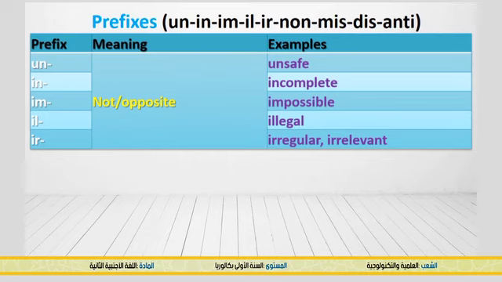Examples, we say unsafe, incomplete, impossible, illegal, irregular, irrelevant. I repeat, unsafe, incomplete, impossible, illegal, irregular, irrelevant.